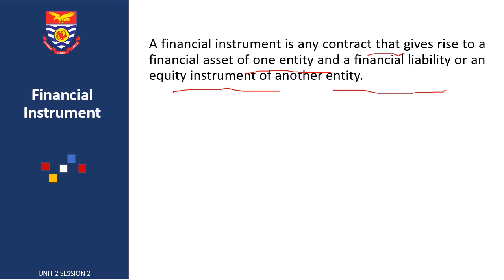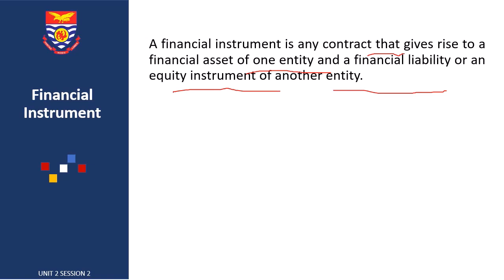Having a debit balance, and to the other party, the contract will either be a financial liability or an equity instrument. They are all credit items. So at the end of the day, you have to balance. The debit side must correspond with the credit side.